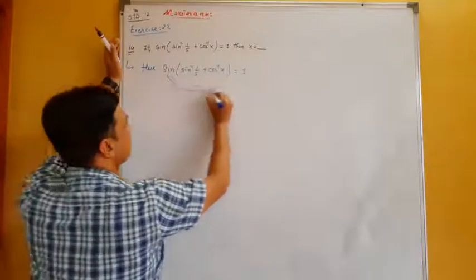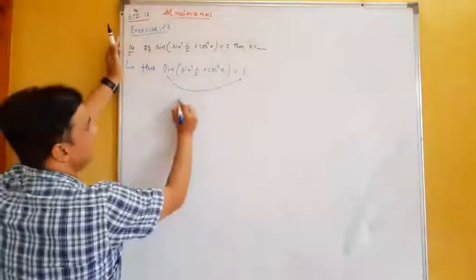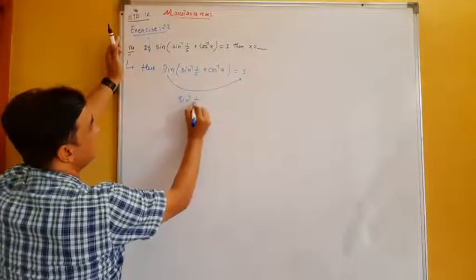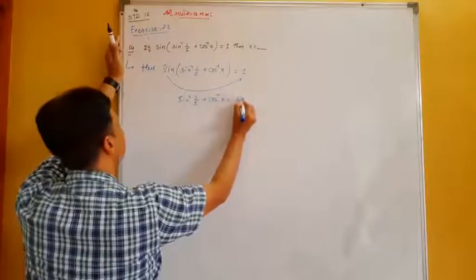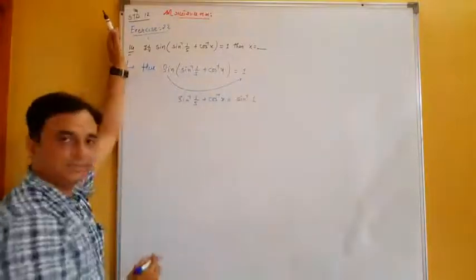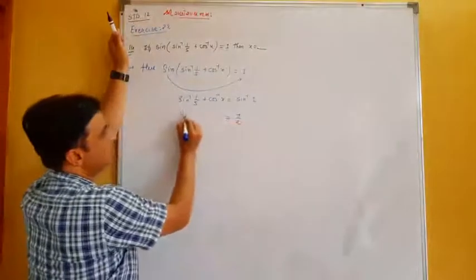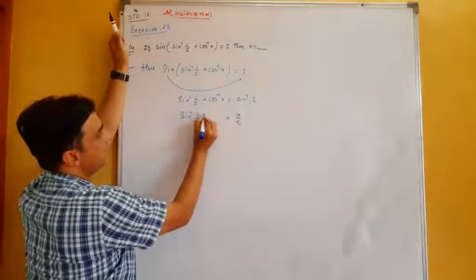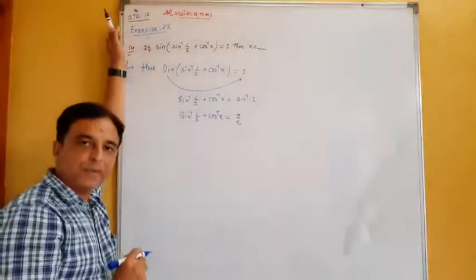If we take this sign on the right hand side, then what happened? It is sin inverse 1 by 5 plus cos inverse x equal to sin inverse 1, and sin inverse 1 is pi by 2. So sin inverse 1 by 5 plus cos inverse x equals pi by 2.